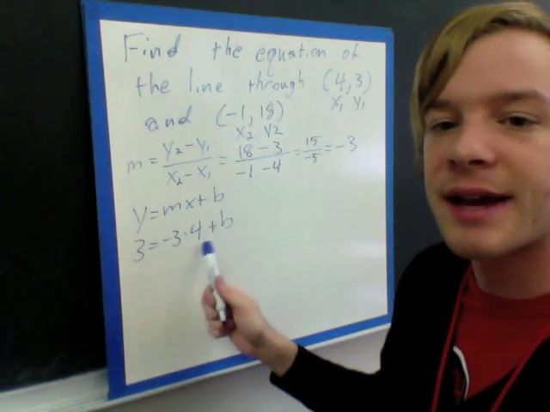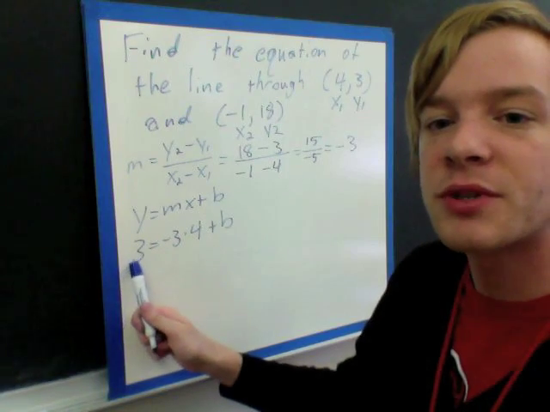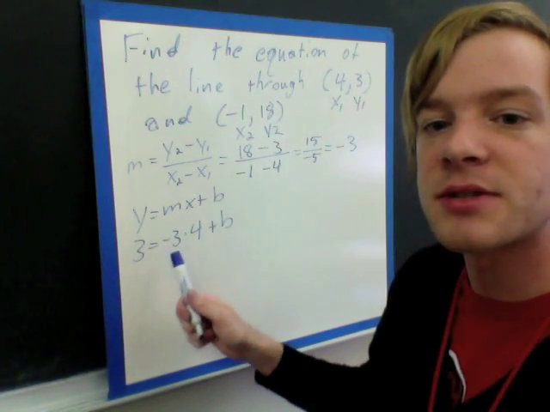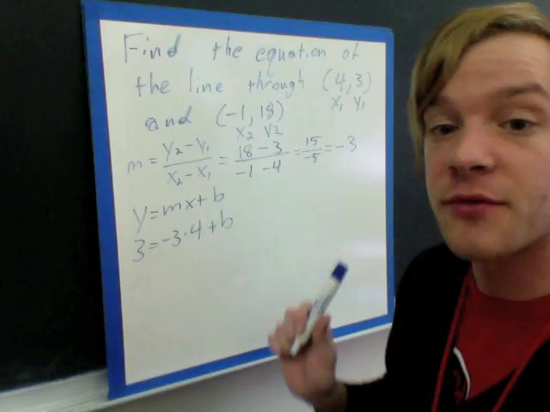So I plugged in my x, which is 4, my y, which is 3, and my slope, which is -3, and I'm going to solve for b.